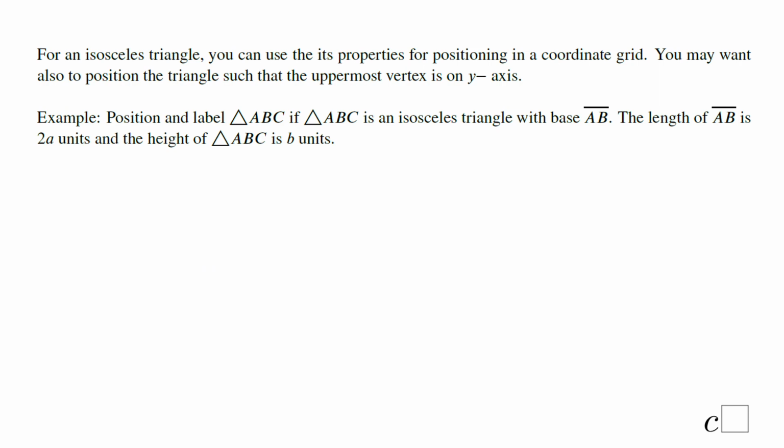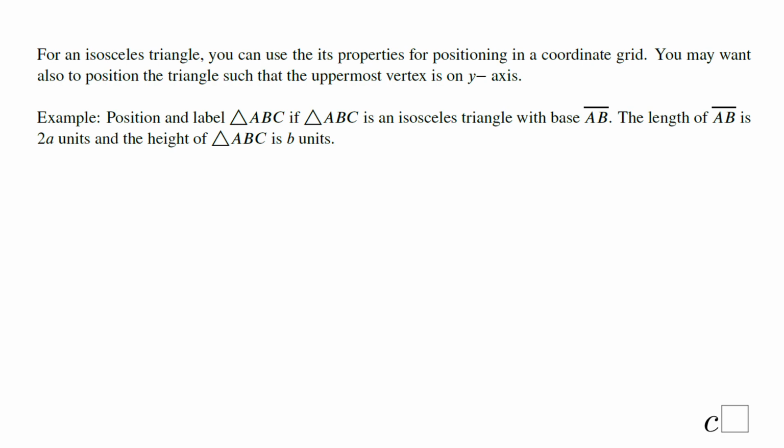For an isosceles triangle, you may want to use the property of the isosceles triangle, and position the vertex of the isosceles triangle, the point where the 2 legs intersect, on the y-axis. So let's see this example where we have to position a triangle ABC.